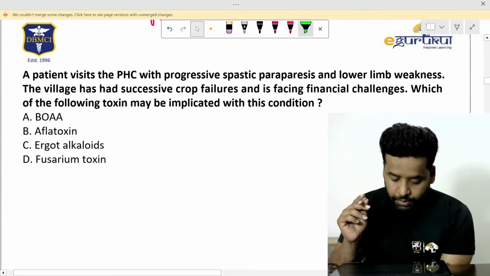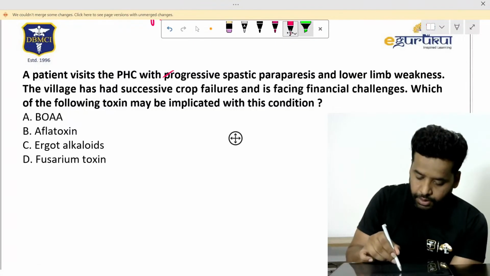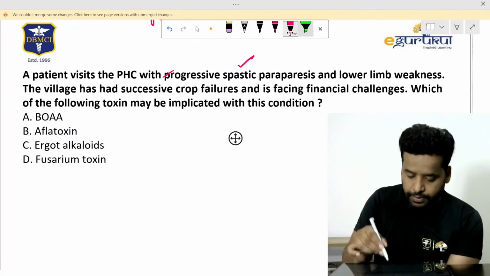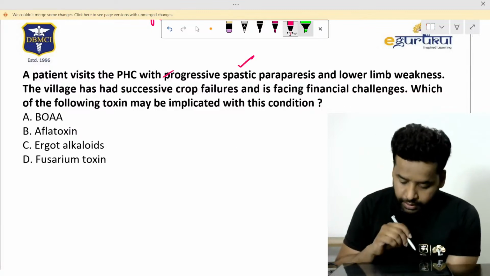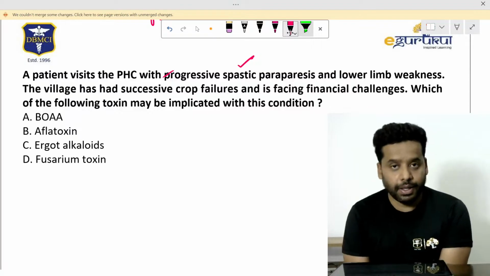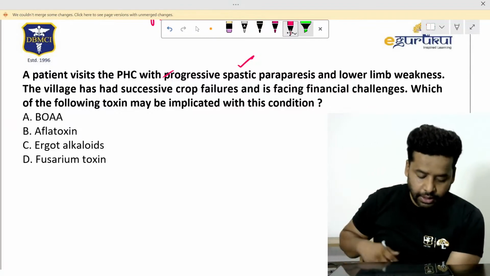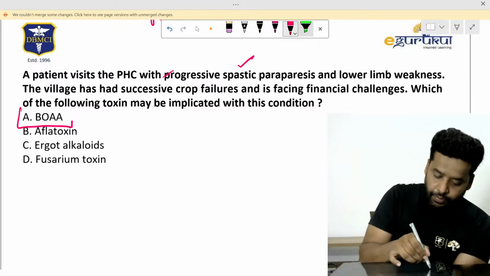Underline this word, progressive spastic paralysis. Lower limb weakness, fine. Financial means poverty. So if this is the question, spasticity, it is a very easy question, what we have discussed. It is due to which toxin? BOAA.